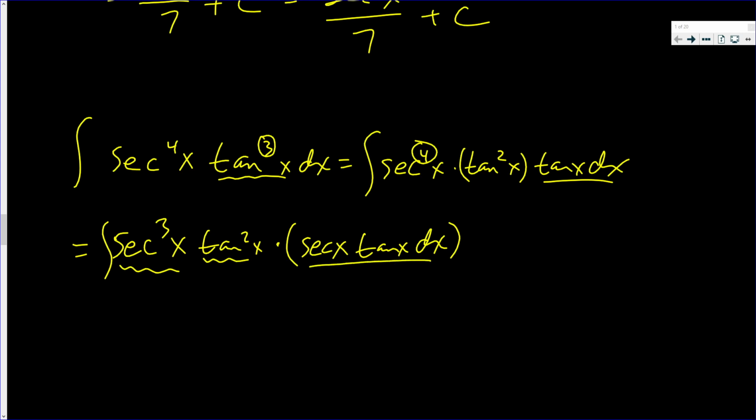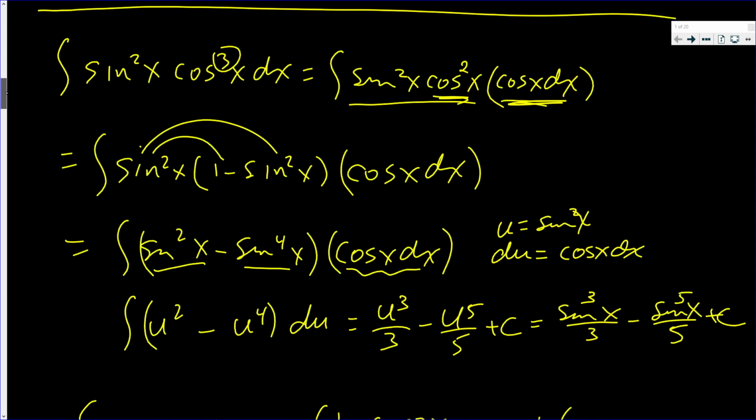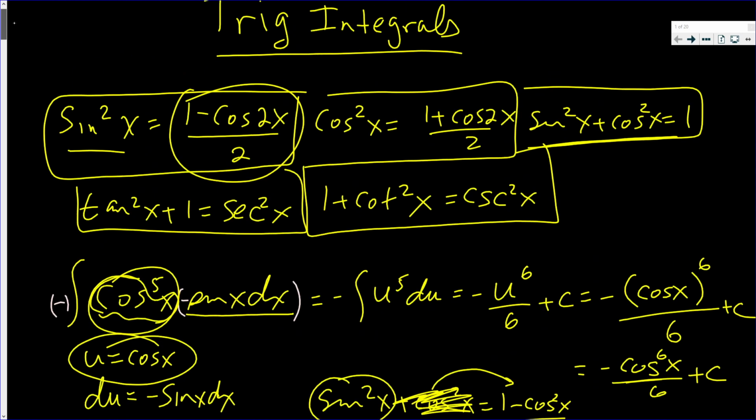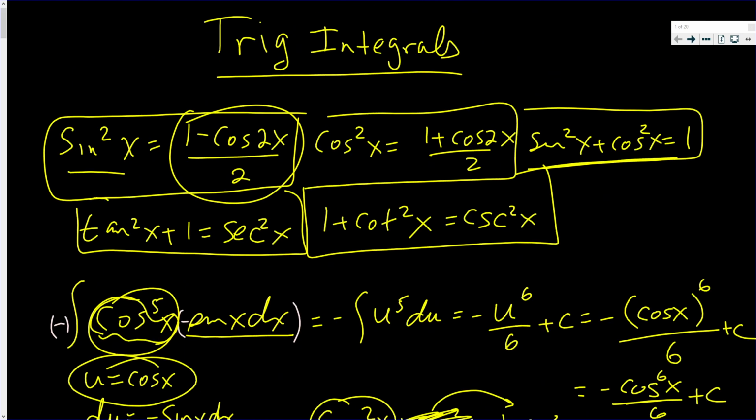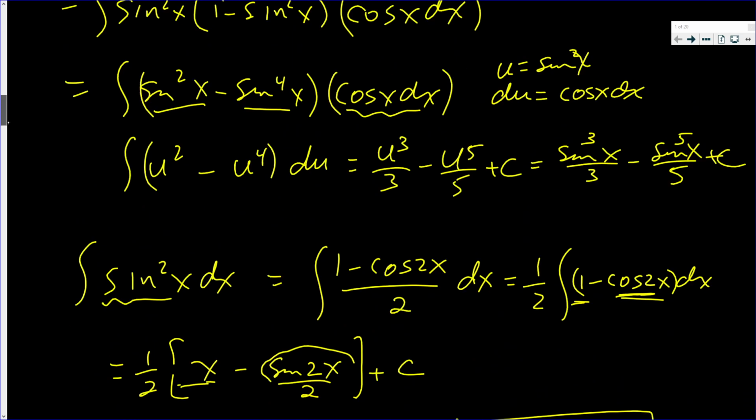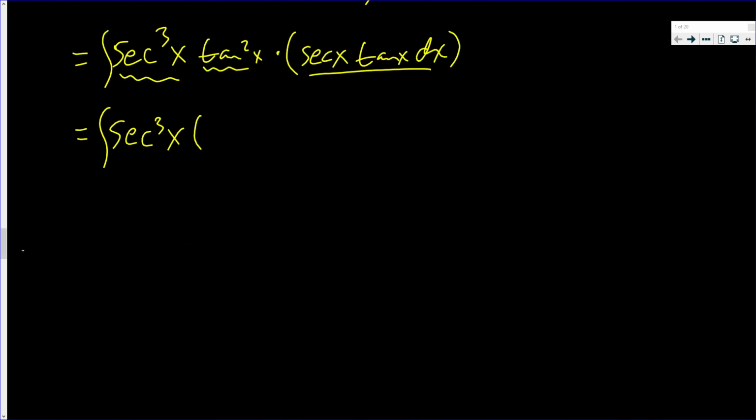I'll have u to powers times du. So what I do is I recognize that tangent squared x is, you have to know these rules, tangent squared x is secant squared x minus 1, times what I'm going to call du.